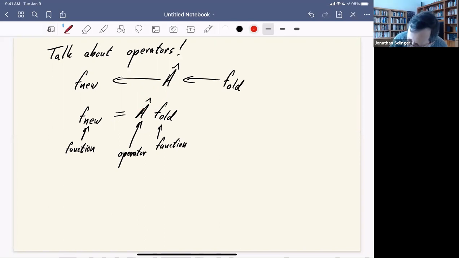Here I'll say a hat means an operator, the same way that an arrow over a letter means a vector. But as with vectors, sometimes professors forget, and you just have to accept that sometimes we forget. That is life, you have to deal with it.